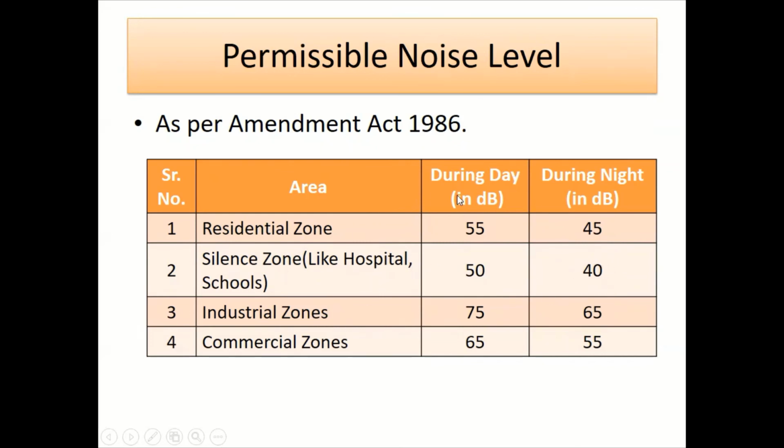Industrial zone: during daytime, the noise level should be 75 dB, and during night time, 65 dB. Then the commercial zone: the noise level should be 65 in day, and 55 in night. So this is the permissible noise level as per the Act.